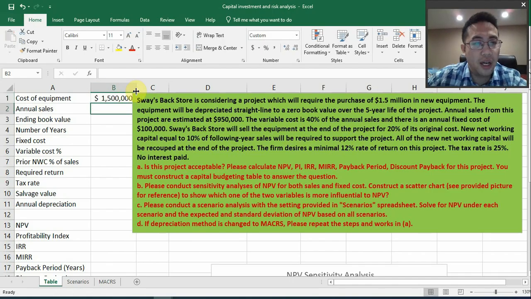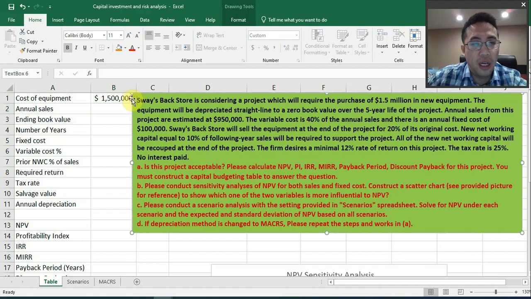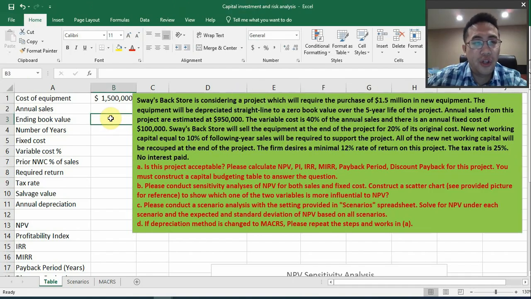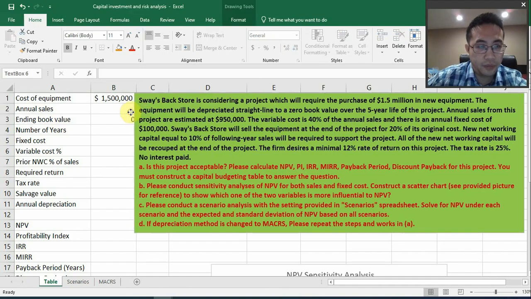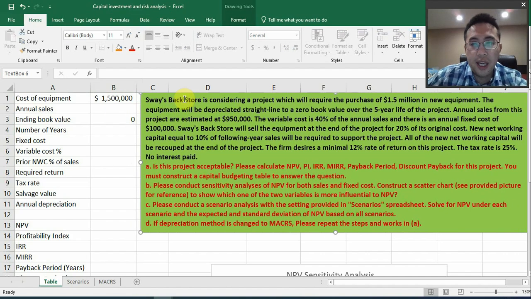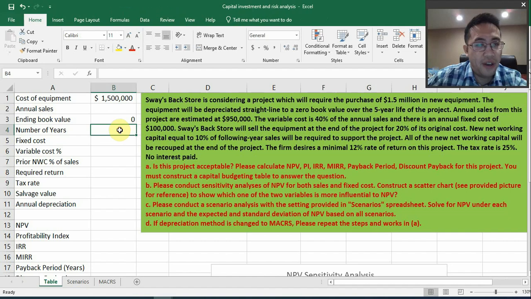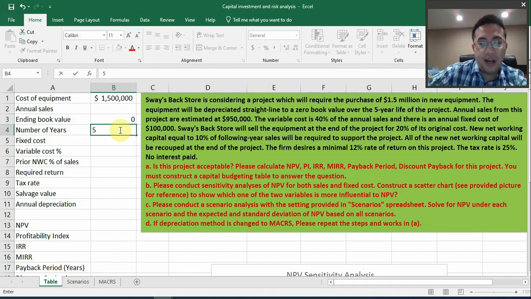It also says it has a depreciation of straight line to a zero ending book value, so the ending book value here would be 0. And it has 5 years, so let me just put number 5.